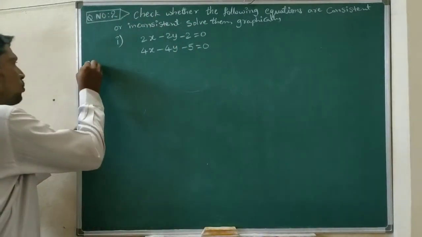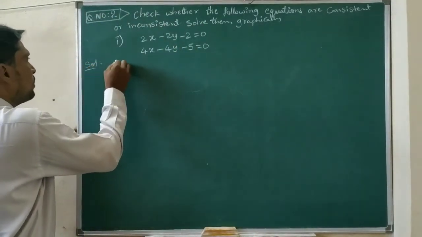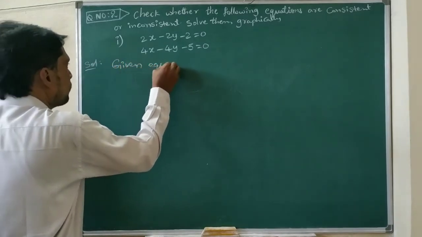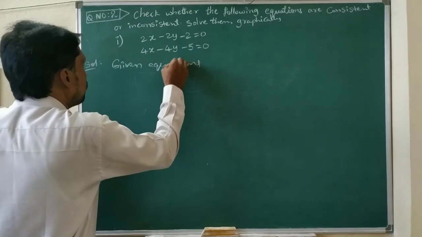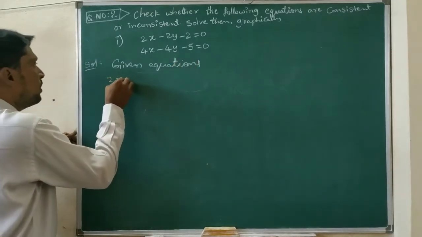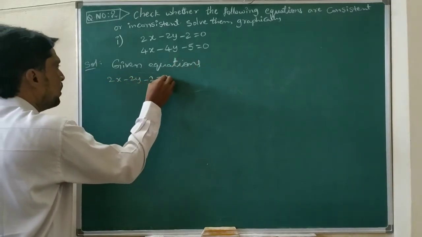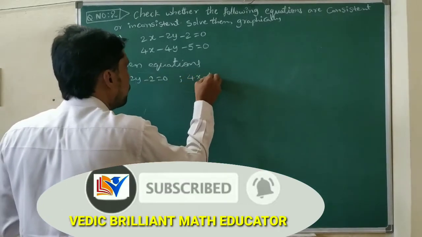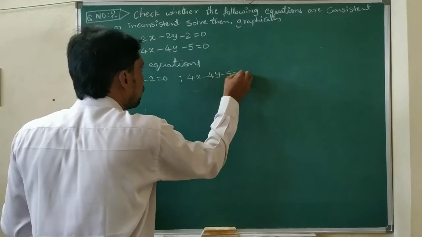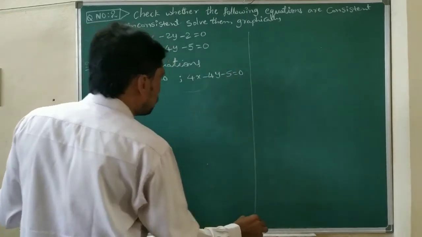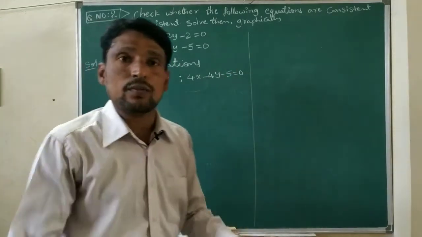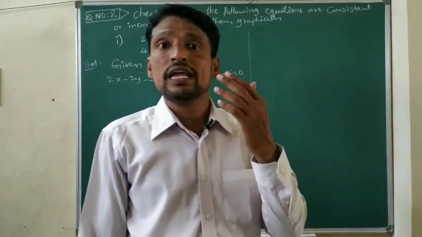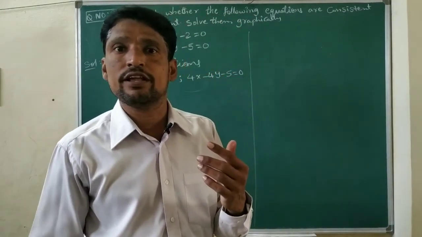So solution, given equations: 2x minus 2y minus 2 equal 0 and 4x minus 4y minus 5 equal 0. Both equations are given in the form of a1x plus b1y plus c1 equal 0, a2x plus b2y plus c2 equal 0.